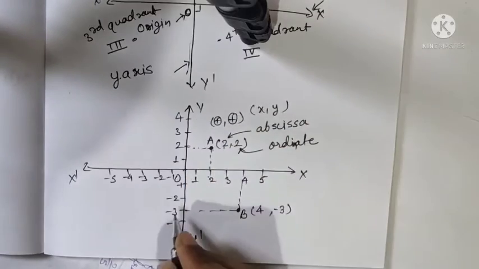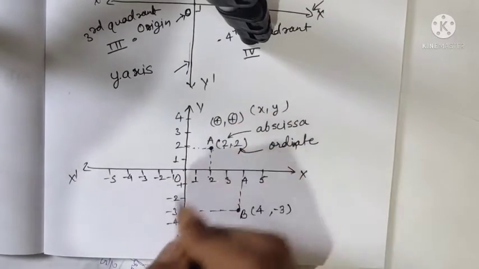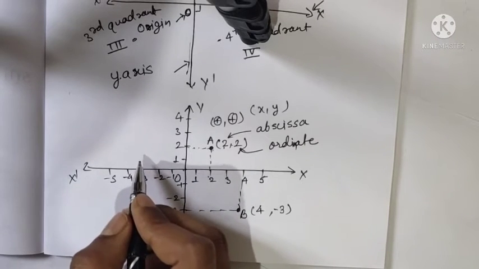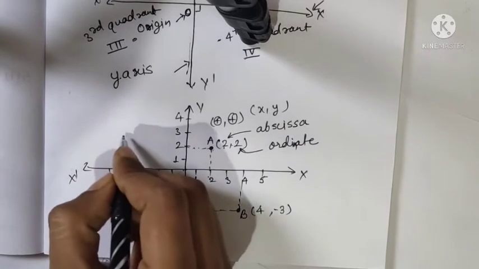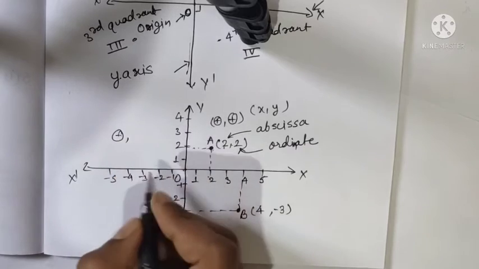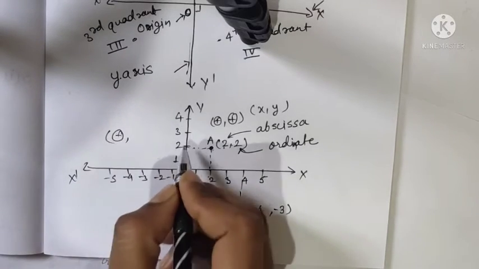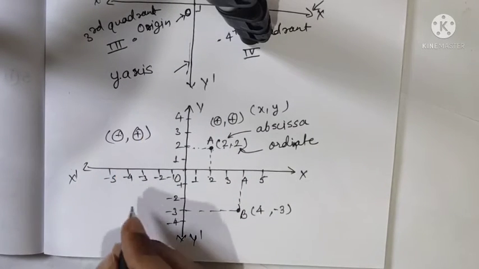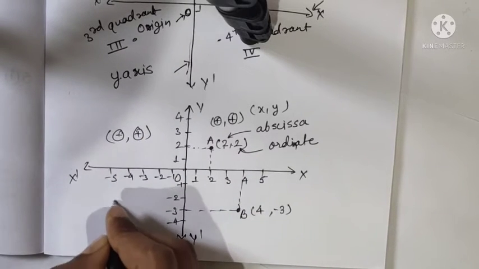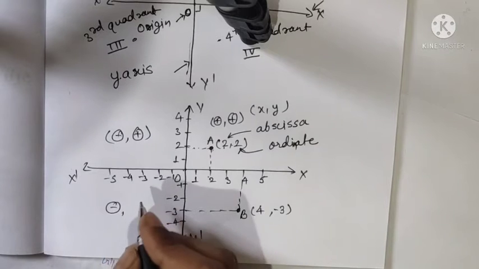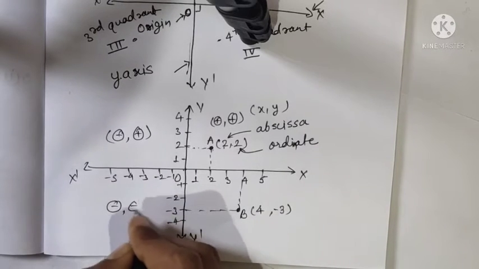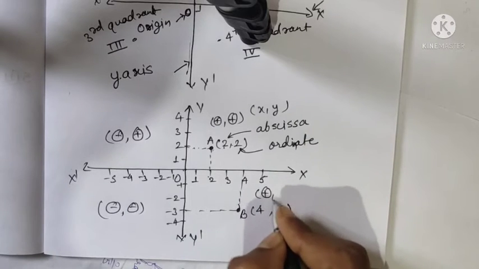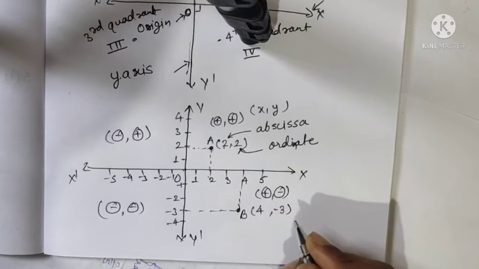In this manner, any point which lies in the first quadrant has a plus sign in the abscissa and a plus sign in the ordinate, so it is in the form (+, +). If it lies in the second quadrant, then the sign of the abscissa will be negative and the sign of the ordinate is positive, so it is (-, +). Similarly, in the third quadrant coordinates are in the form (-, -), and in the fourth quadrant coordinates are in the form (+, -). Simple.